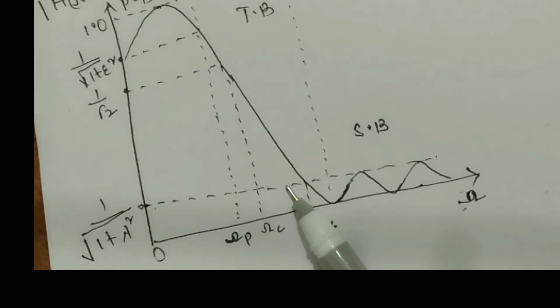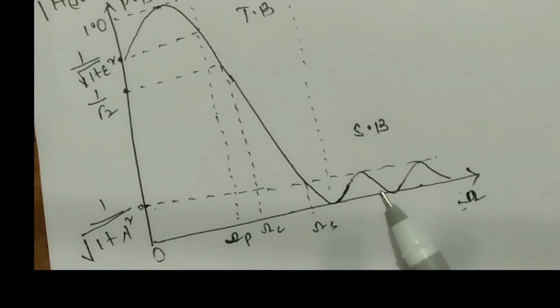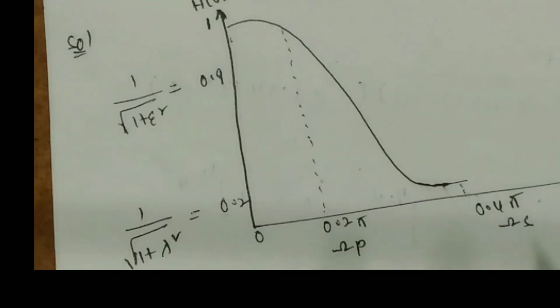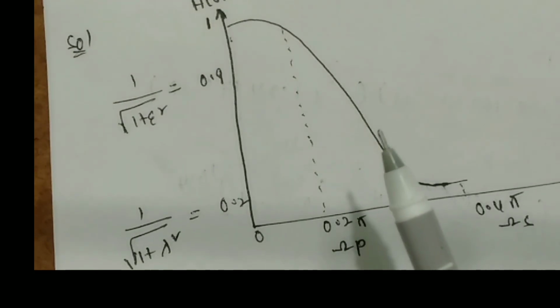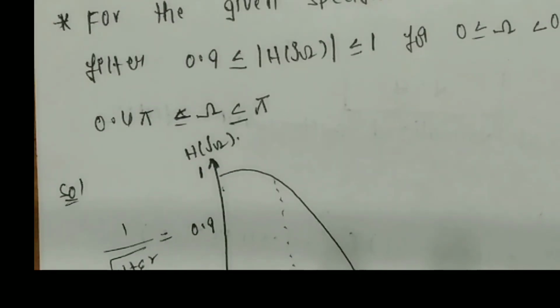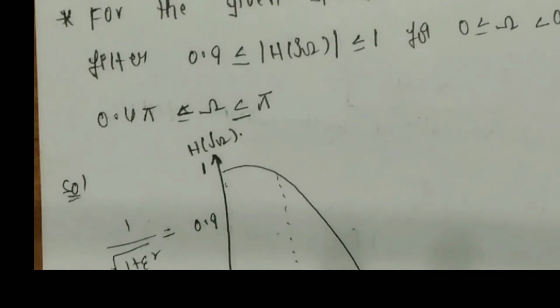See, that's why I told you reading the magnitude response of the filter is important, because sometimes they may not give you the data directly, they may give you the conditions. Now let us draw the response of the filter for the current problem.